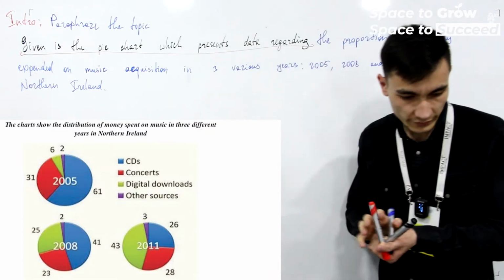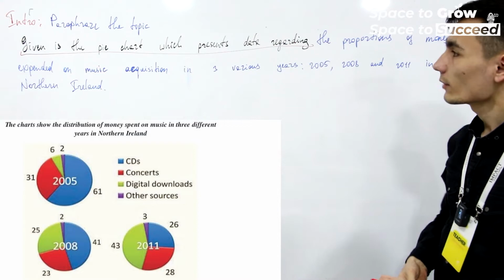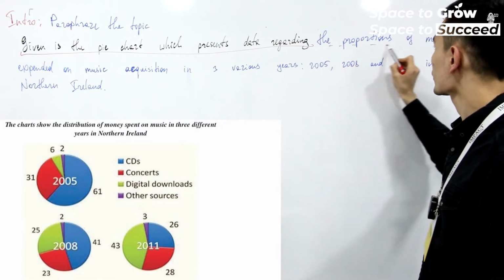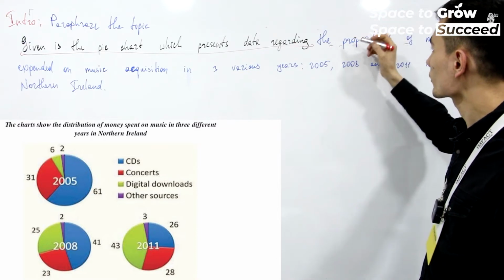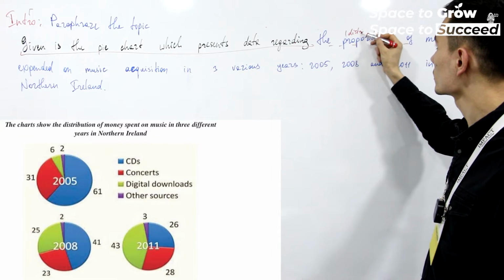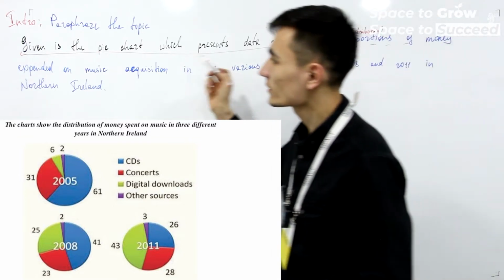Well, I think that's fine. I just said the proportions of money expended, instead of the distribution, I said the proportions of money. So the word proportions paraphrases the word distribution here. Money, instead of spent, I just said expended here.